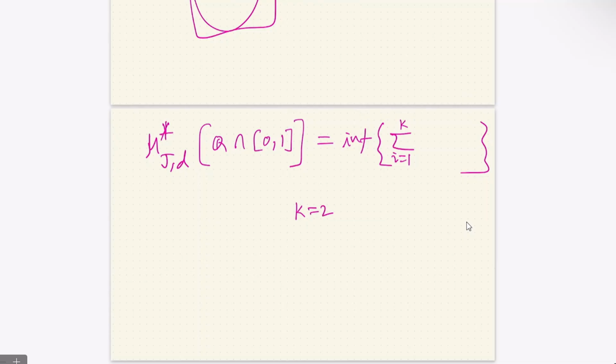Can you give a cover for k equal to 2? I'm not asking that it is the answer, but for some k equal to 2, can you give some cover?